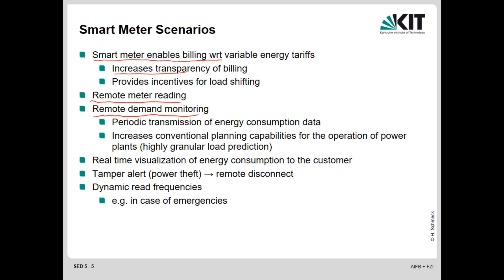And it also allows for better planning of the energy consumption in your region or in a balancing group, because you have more exact information on the actual energy consumption. So these are benefits for the company.